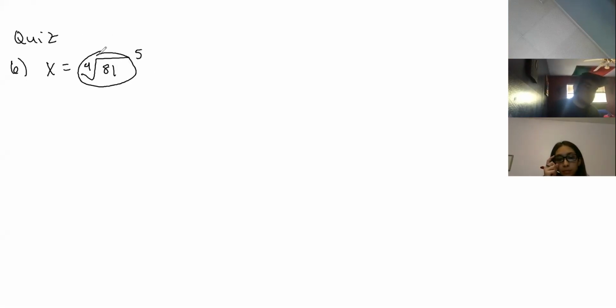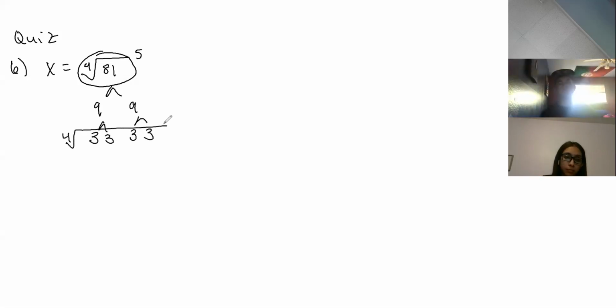Okay, so what you would do is this part here, the 4th root of 81. You either know what the 4th root of 81 is or you break it down: 9 times 9, 3 times 3. So what's the 4th root of 81?